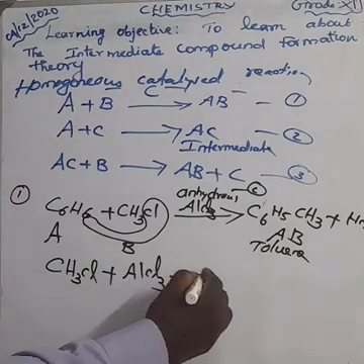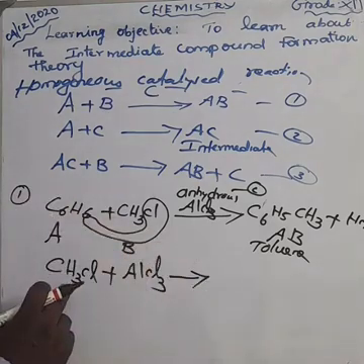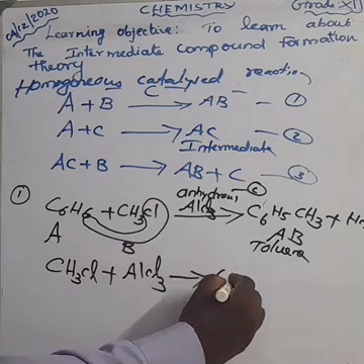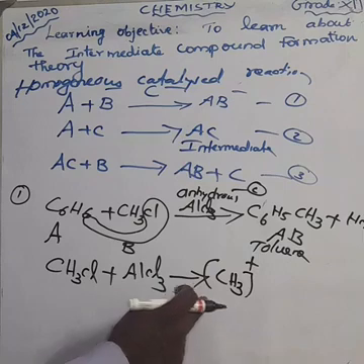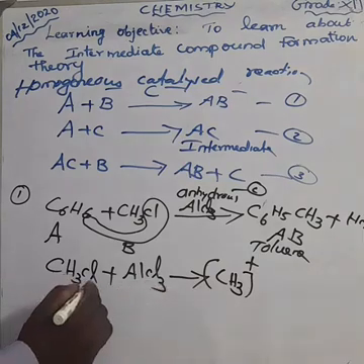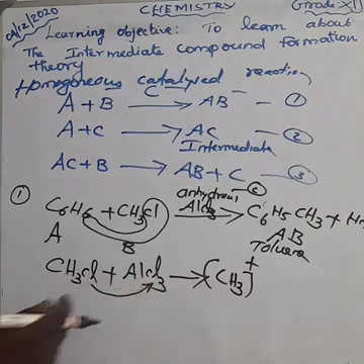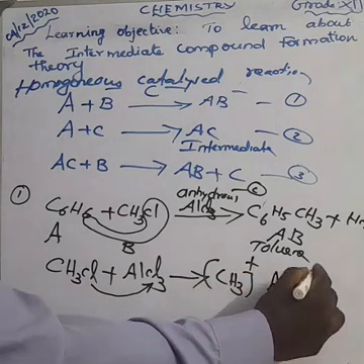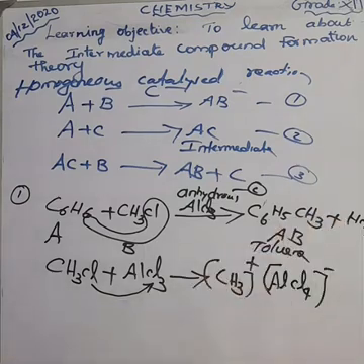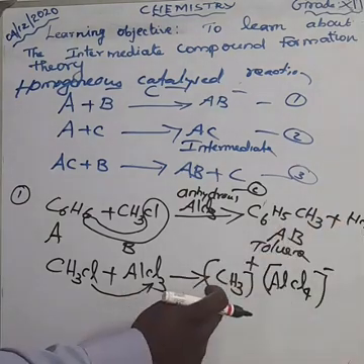What is the product here? We get CH3+, the methyl cation, and the chlorine combines with the aluminum chloride to give the AlCl4 anion.